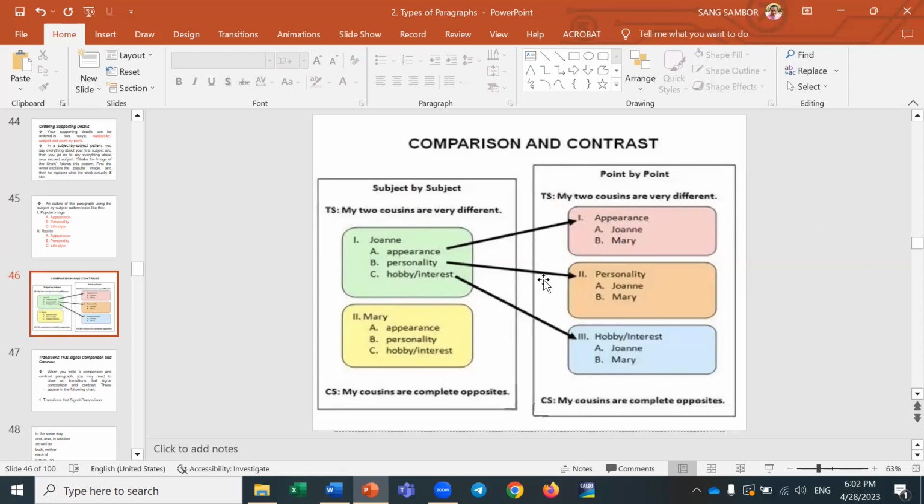And then you move to the difference of the personality between Jenny and Mary, and then you move to the last part, which is the different hobby and interest of Jenny and Mary. And then the last one here is your concluding sentence. Here you use the word different, and this is the word opposite. So they are different in terms of what? In terms of appearance, personality, hobby.